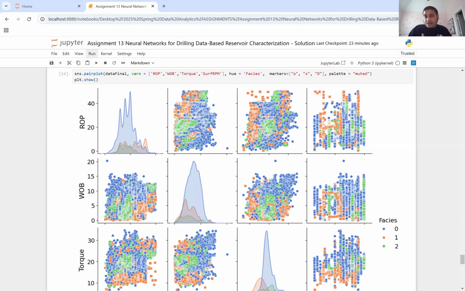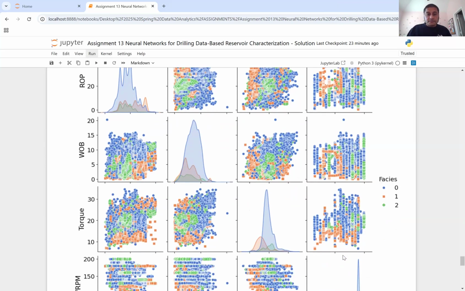There doesn't seem to be any plane that separates out these classes, or any visually apparent curvilinear surface. But yet, we would be able to construct a reasonable supervised classifier. And I'll show you that as we scroll down through this workbook.